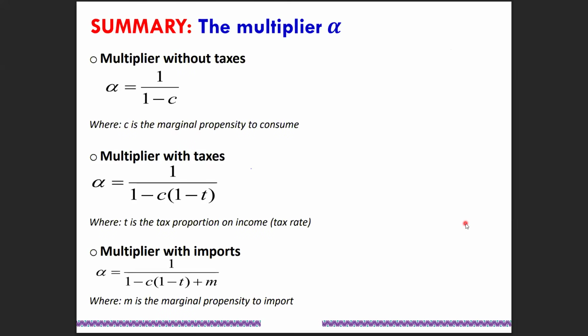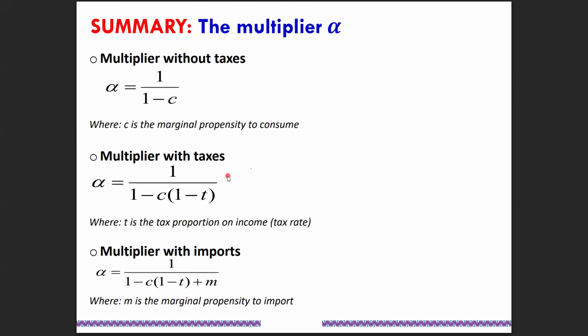Right. Summary. The multiplier alpha. So multiplier without taxes, it's 1 divided by 1 minus C. Right. In a simple Keynesian model, remember, it was 1 divided by 1 minus C. Or when we've just included the government, but we haven't included taxation, it's going to be 1 divided by 1 minus C, where your C is your marginal propensity to consume.